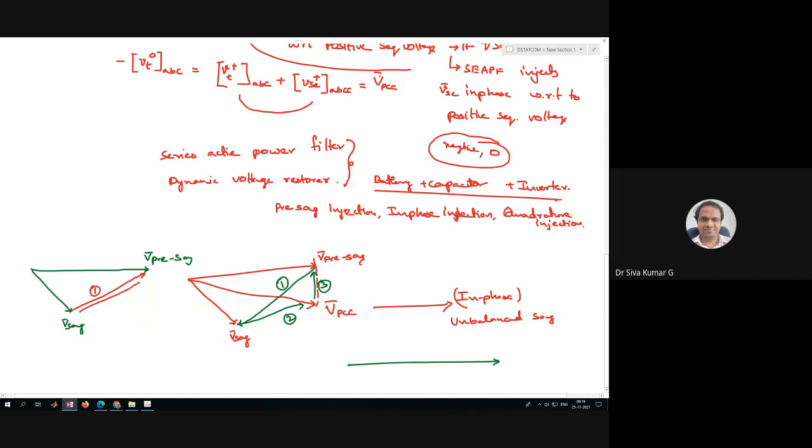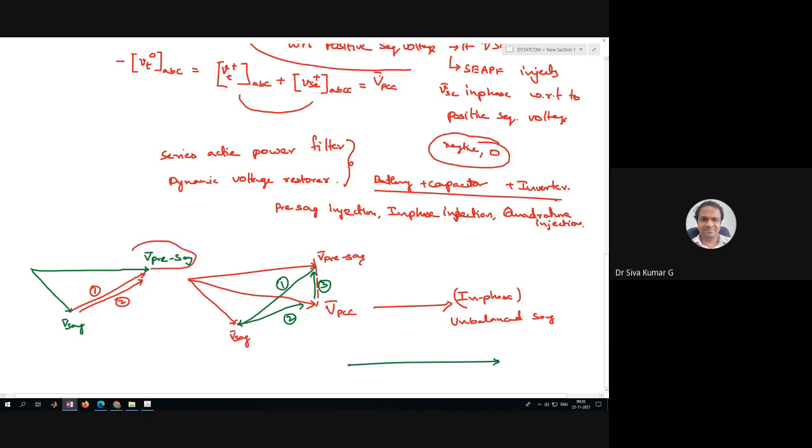Again, once you start injecting, there will be a second change, and it will also be there once the fault has been cleared. But in the earlier case it has the effect of one, then second, then third. Here there is only one time. See, this goes back, and then we bring it back to the normal condition.